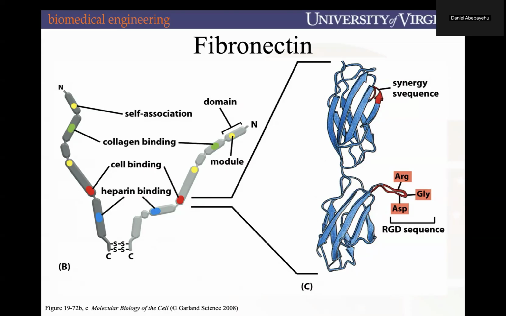And if we remember from earlier, heparin is a growth factor depot GAG. So heparin will bind there in fibronectin, growth factors will now bind to heparin, and so the cells that see fibronectin will also see growth factors that trigger cell signaling, trigger their activation.